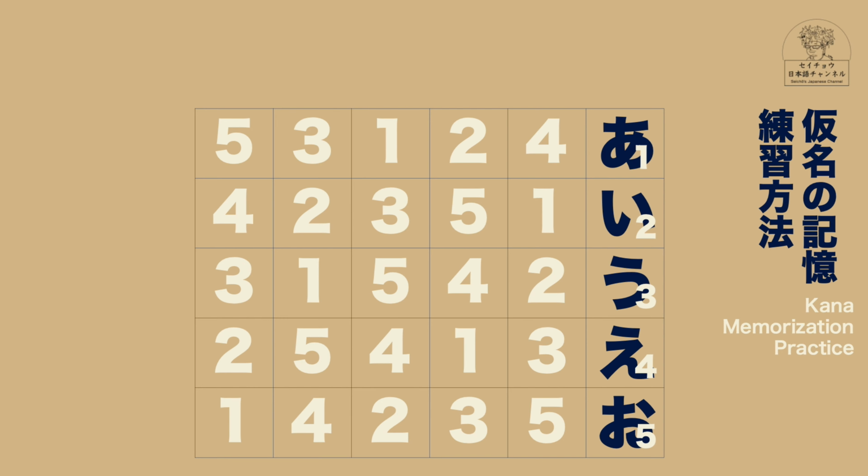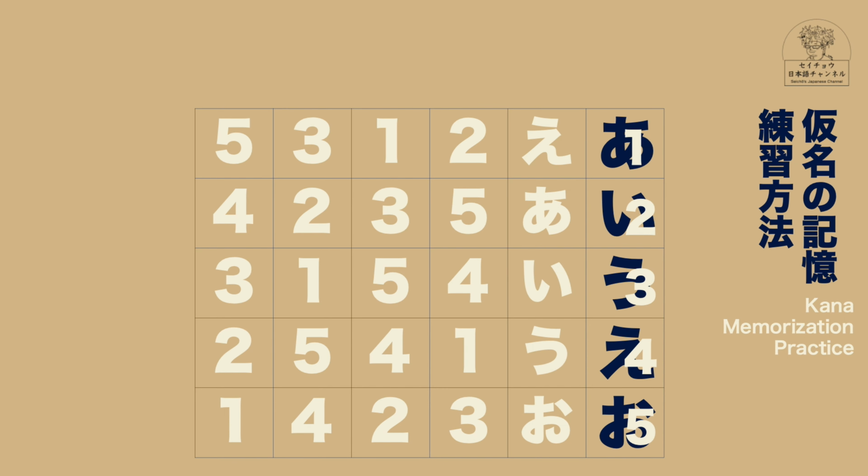Following the order a, i, u, e, o equals 1, 2, 3, 4, 5. Read the kana in each row according to the numbers. So the first row 4, 1, 2, 3, 5 becomes e, a, i, u, o.